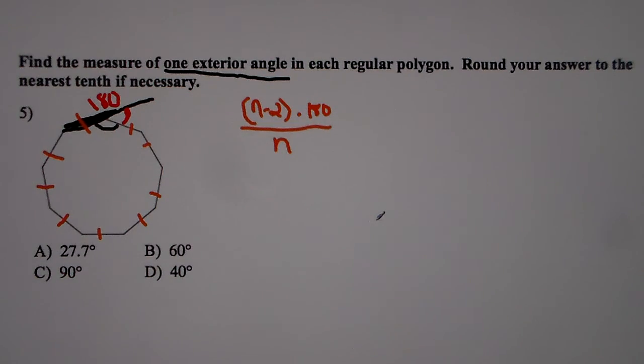That's a 9-sided figure. So parentheses, parentheses, 9 minus 2, close parentheses, times 180, close parentheses, divided by 9. So the interior angle, this black angle, is 140. So to find the exterior angle, the red one, you do 180 minus 140, which gets you 40. So the answer for number 5 is D.